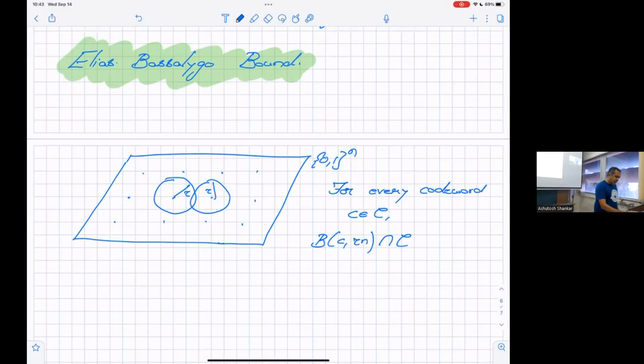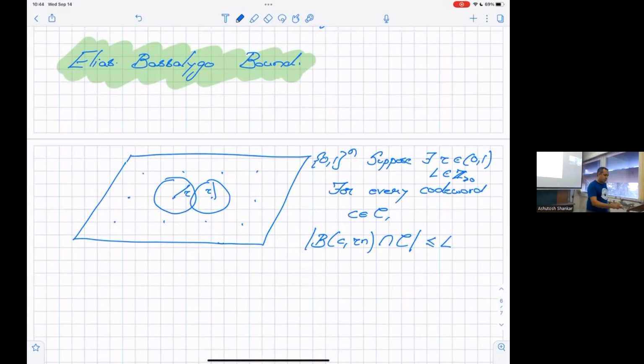Suppose this intersection was at most L. So suppose there exists a tau in (0,1) and L which is a positive integer, such that this is true. Let's try to redo the Hamming bound under this assumption.